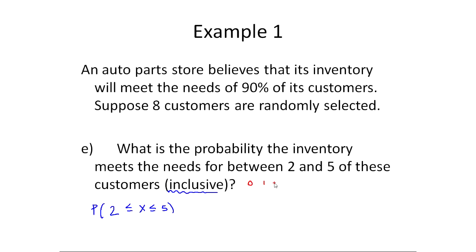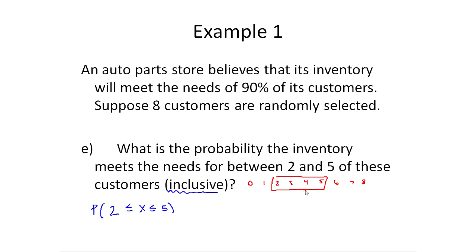So I'm counting from 0 up to 8, because that's the number of trials. I say, okay, between 2 and 5, this is what we want to find the probability of. So one choice, remember, PDF does individual values. We could do PDF of 2 plus PDF of 3 plus PDF of 4 plus PDF of 5. But what if it was 1,000 trials and I said between 100 and 500 successes, right? That's not a good idea. So we try to find another way.